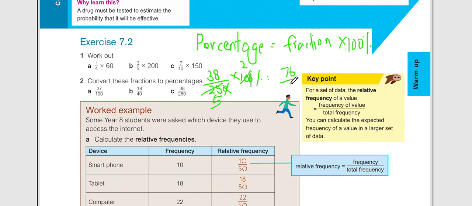76 divided by 5. So how do you find 76 divided by 5? 5 times how much? 1, 2 remaining. You get the 6 here. These are basic things you need to know.